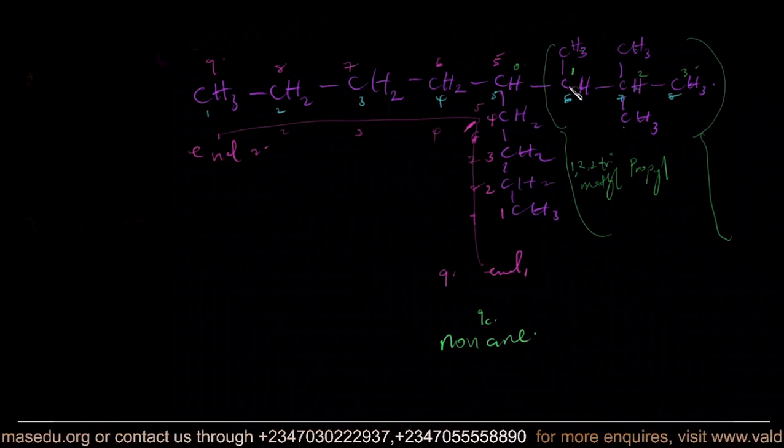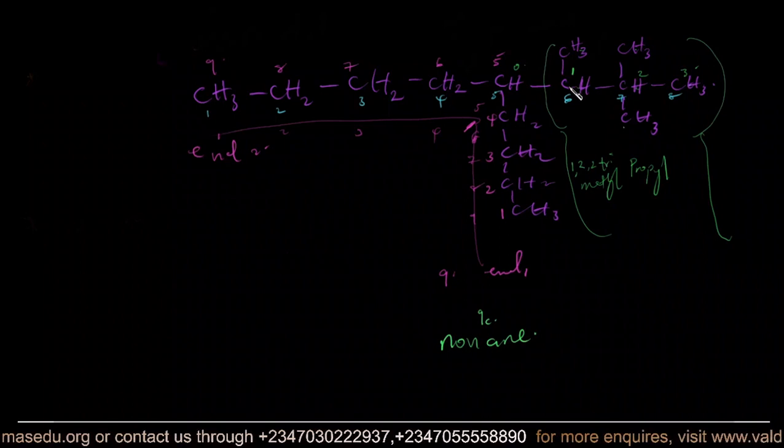You put 5, then you open a bracket for it. That indicates that on position number 5 we have this complicated structure, 1, 2, 2 trimethyl propyl nonene. So that is the name.